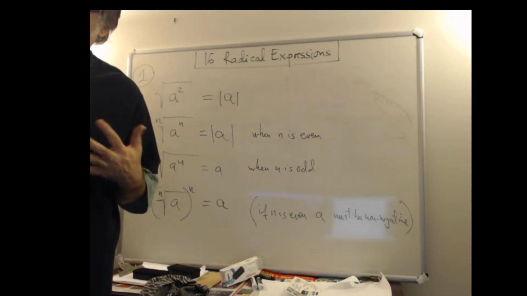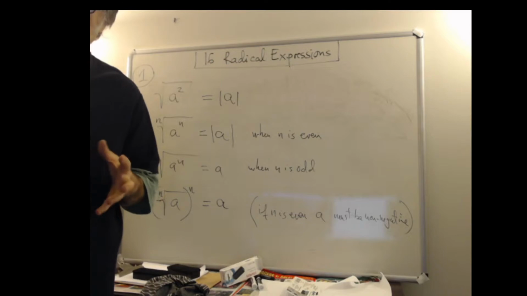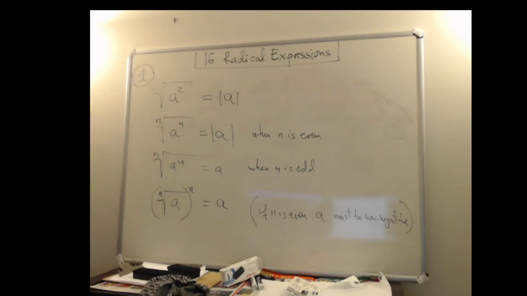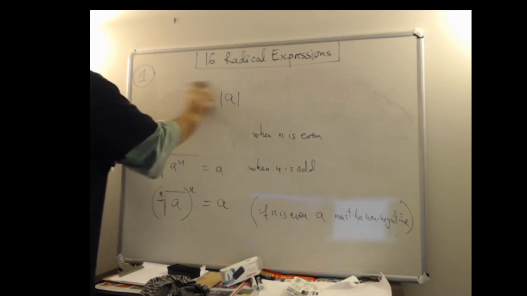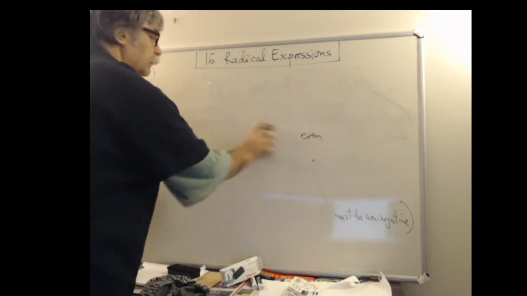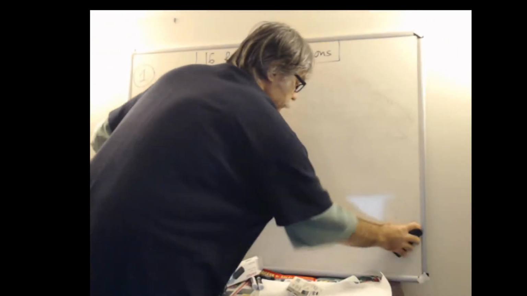And the radicand, whatever is under that radical notation, also must be non-negative. So that's the caveat to remember. If you don't have that, you can use an absolute value to have it, like I did here. Okay, so that's the first rule. You will see that rule very often, many times.